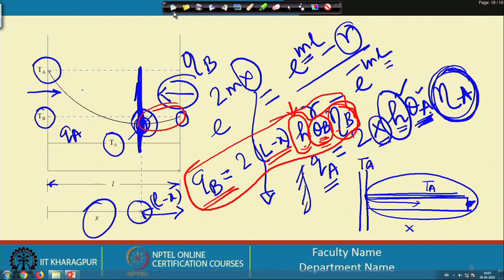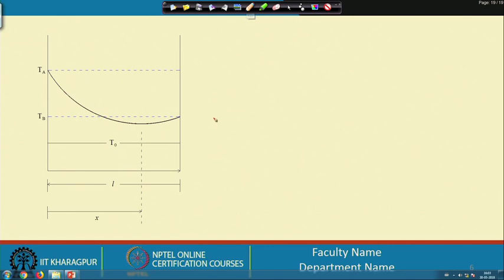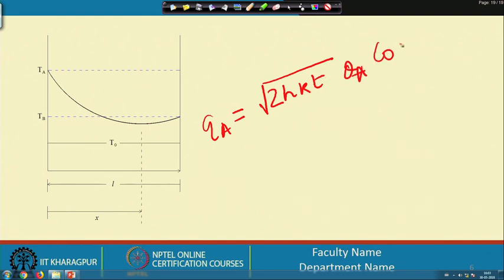Now, if you put the values of q a and q b, you will find that q a is coming as root over 2 h k t and theta a, and then we have cos hyperbolic m l minus r divided by sin hyperbolic m l.